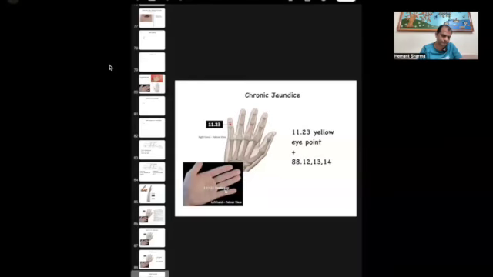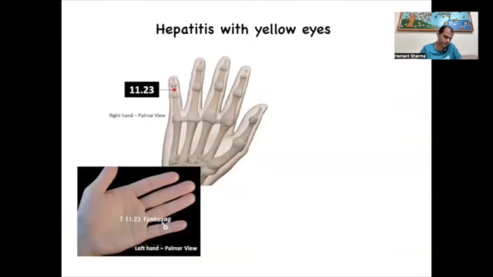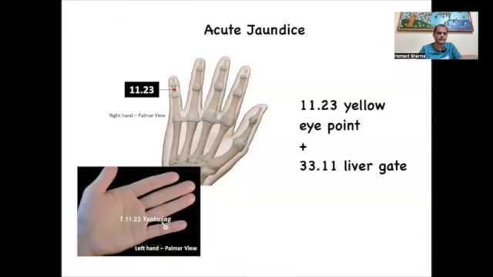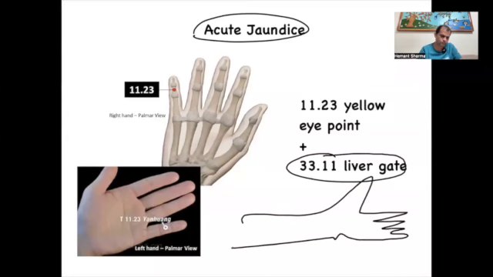So let's see once again. First I told you the 11.23 point is a very good point for hepatitis with yellow eyes. Then for acute jaundice, use the 33.11 liver gate point, which is found in the arm, from the wrist.